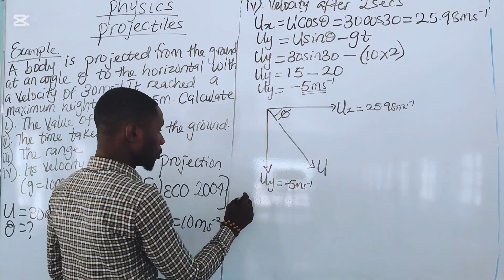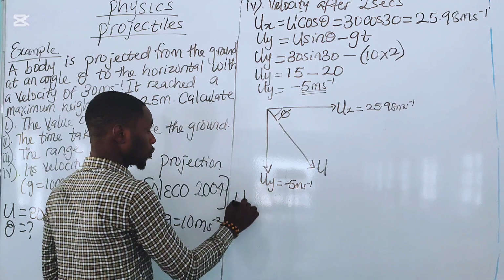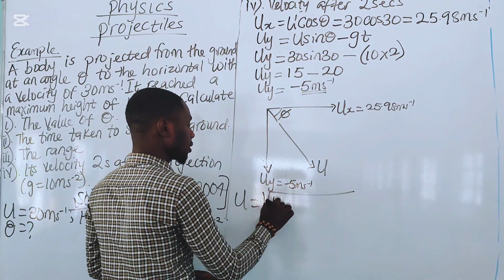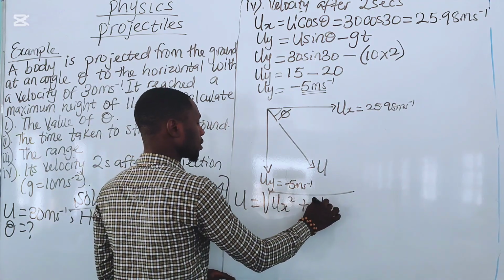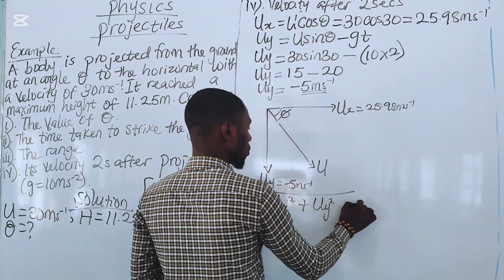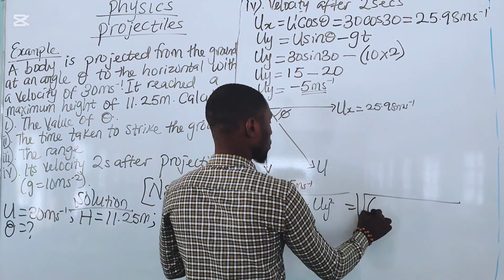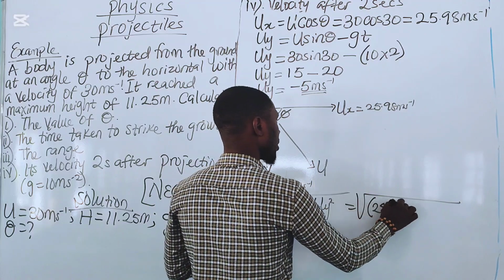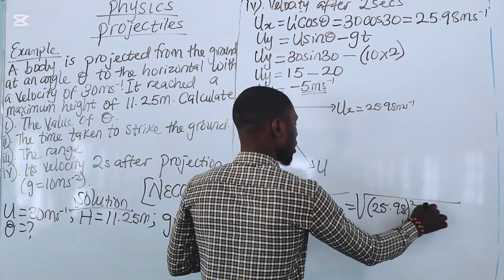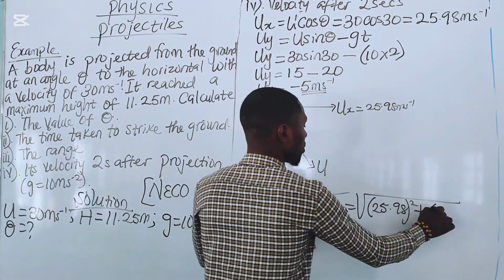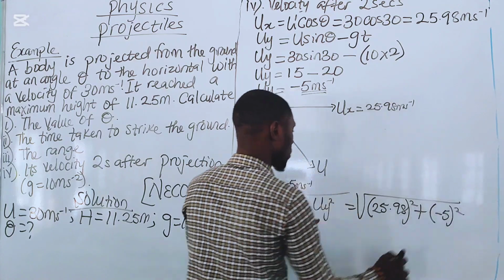To find u, u will be equal to the square root of ux squared plus uy squared, which is equal to the square root of 25.98 squared, plus minus 5 squared.